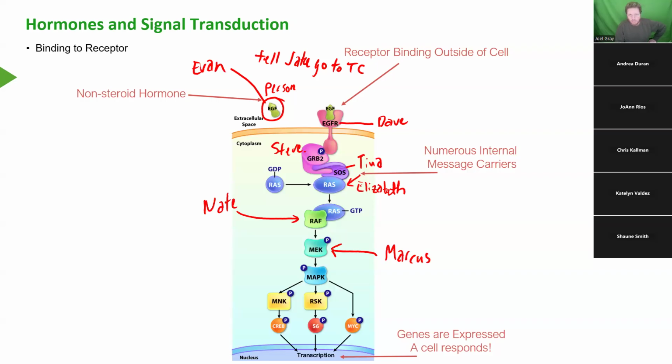And Marcus can relay it to Jake. Marcus says, listen, can't see Jake, but I can tell Beth, and Beth knows lots of people. I don't know if Beth can see Jake, but Beth will tell everyone and it will get to Jake.